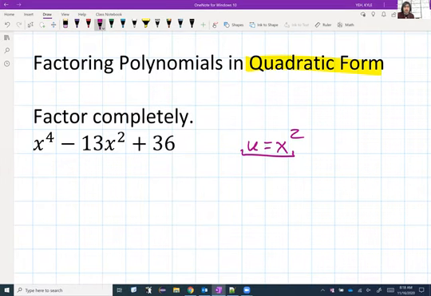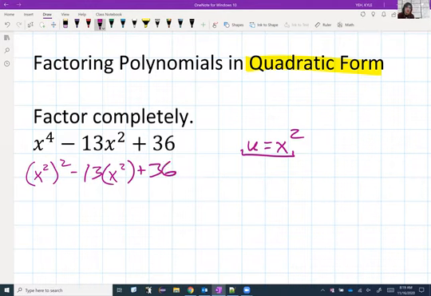And I'm saying u is just going to stand for x squared. Anytime I write u, it means x squared. Well, I know that this is x squared squared, because of our exponent rules, minus 13x squared plus 36. That means that I could just as easily write this as u squared minus 13u plus 36.